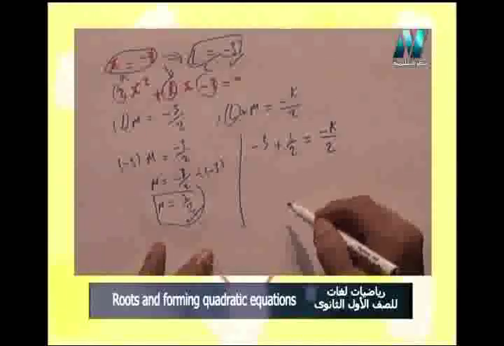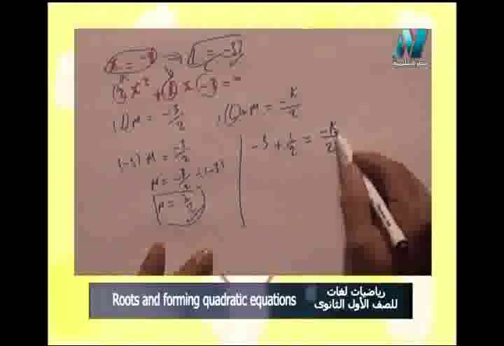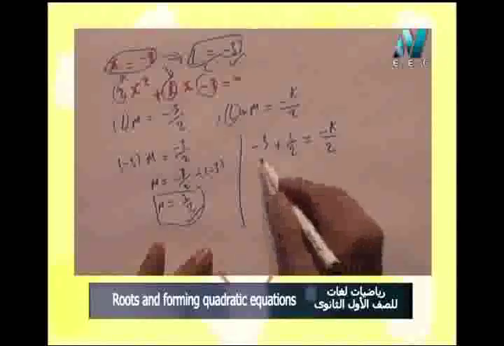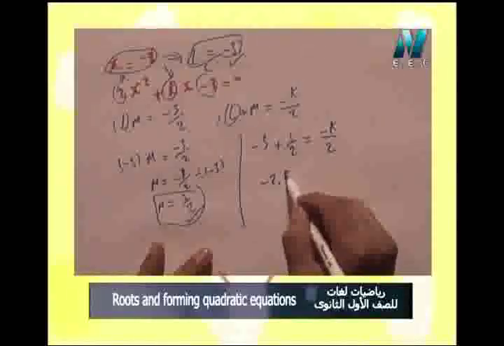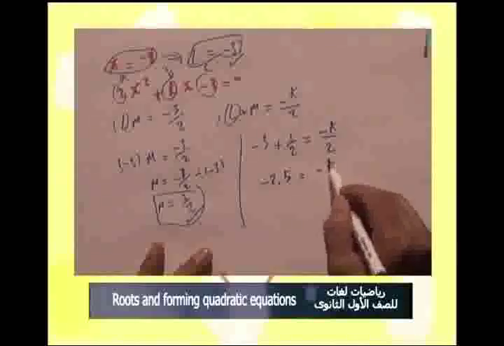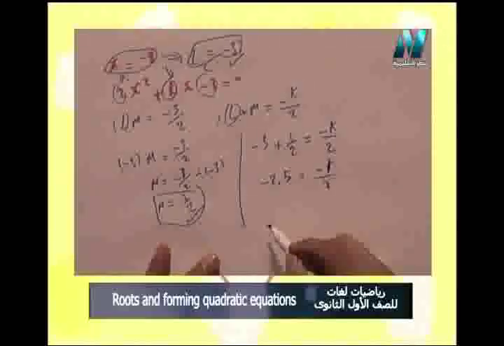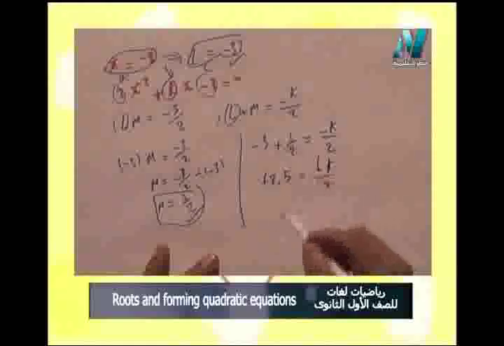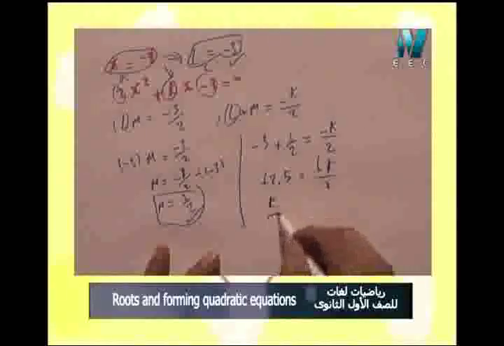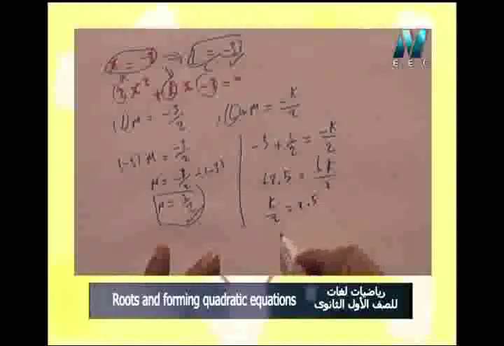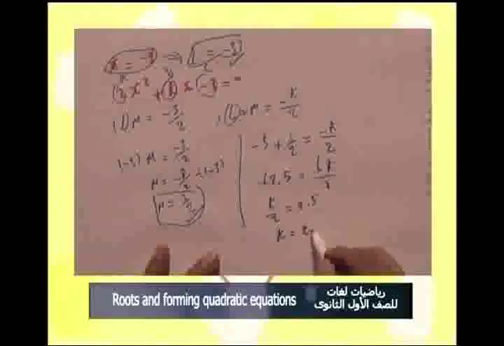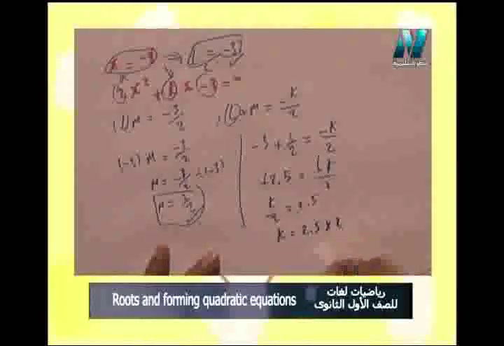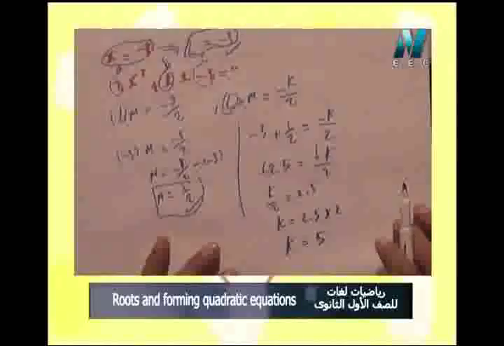And we would like to find k. We have negative 2.5 equals negative k over 2. So we cancel negative with negative. K over 2 equals 2.5. K equals 2.5 multiplied by 2. So k equals 5.